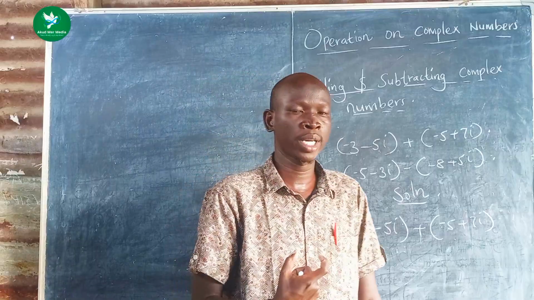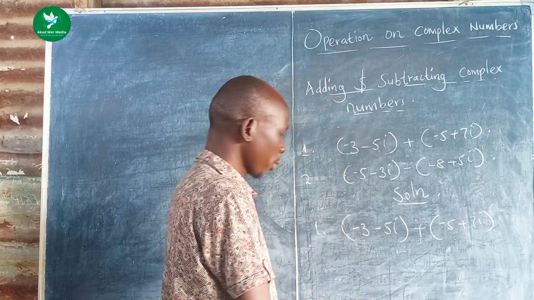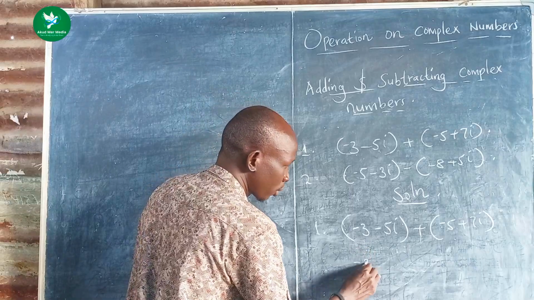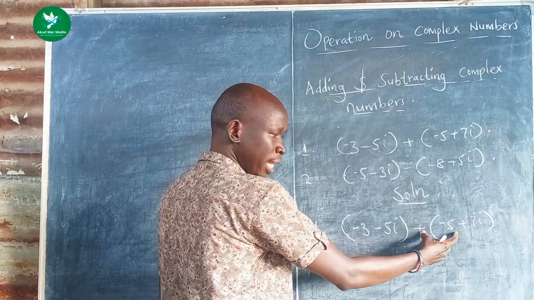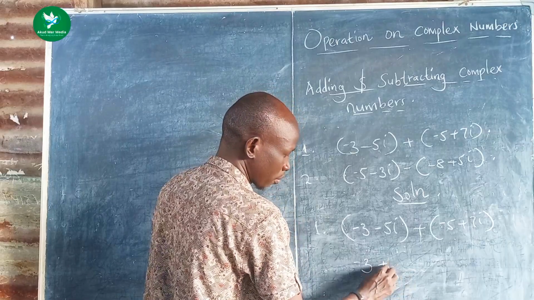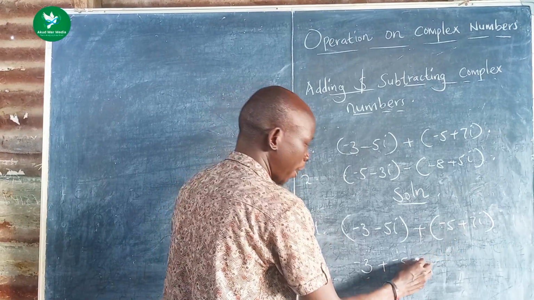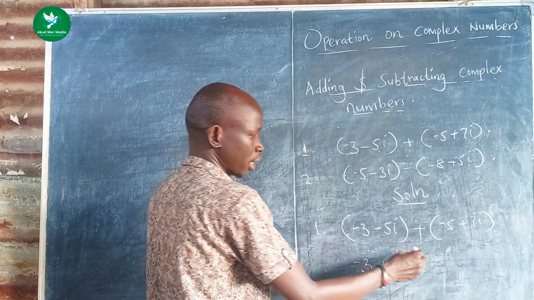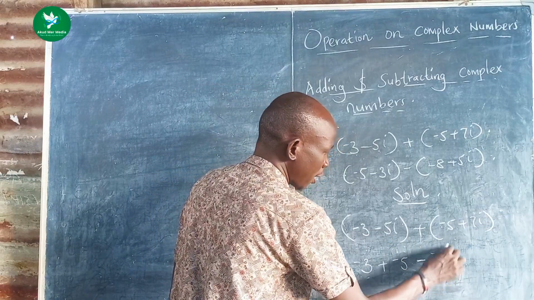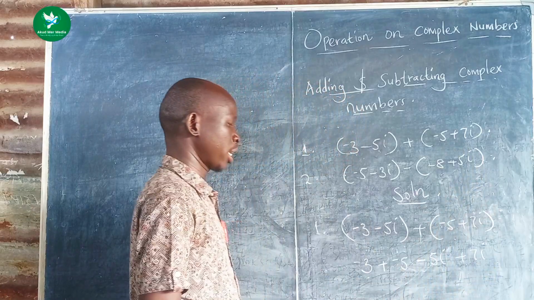We collect real values together, and then group the imaginary values together. The real part of the first is -3, the real part of the other is plus -5, then minus 5i plus 7i.